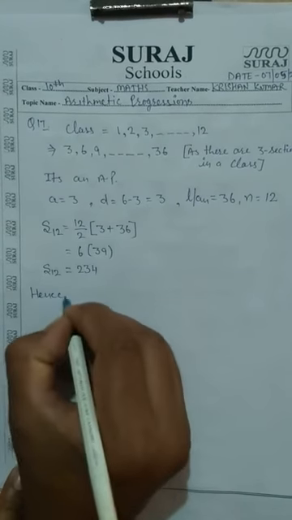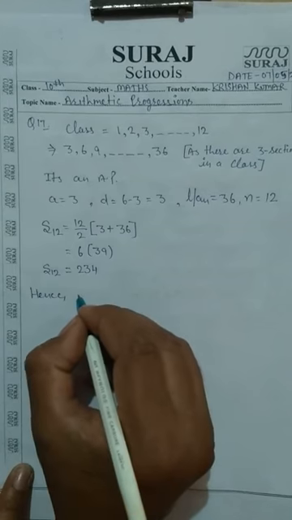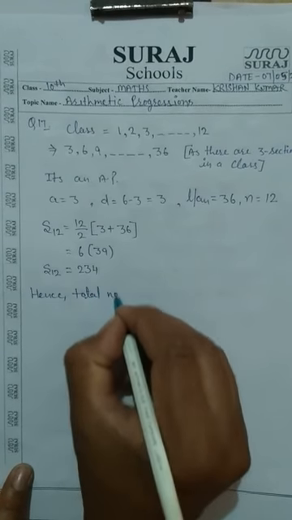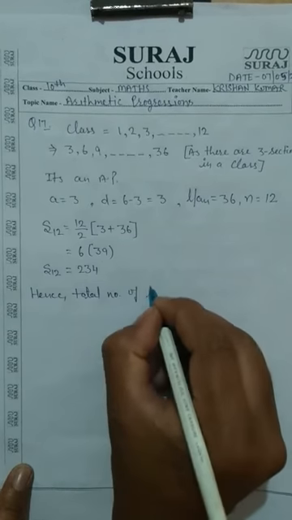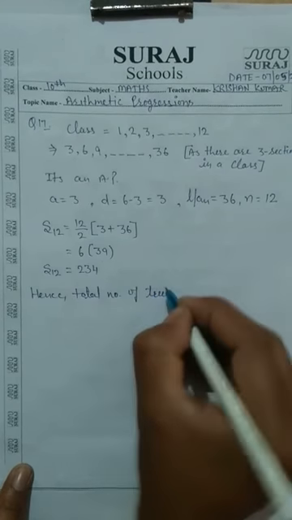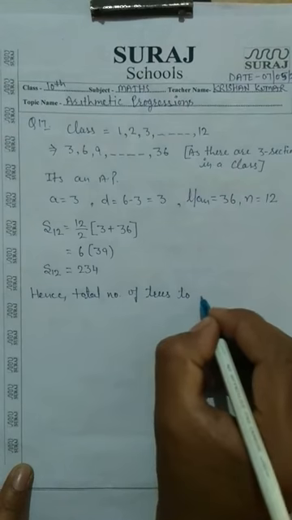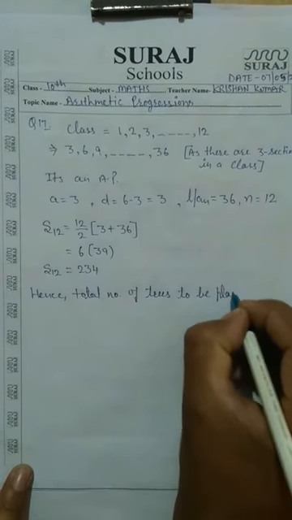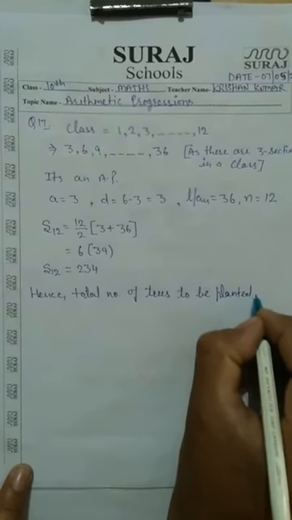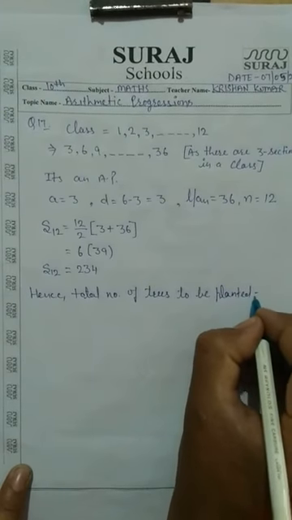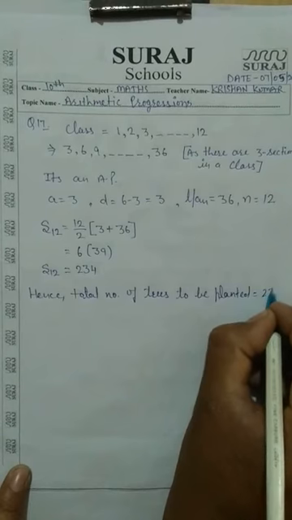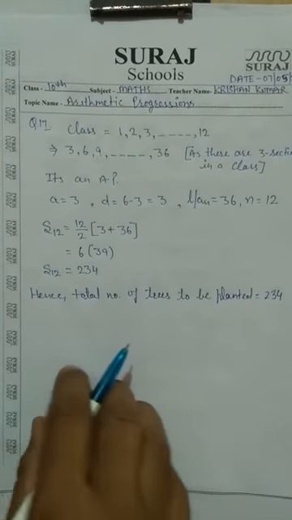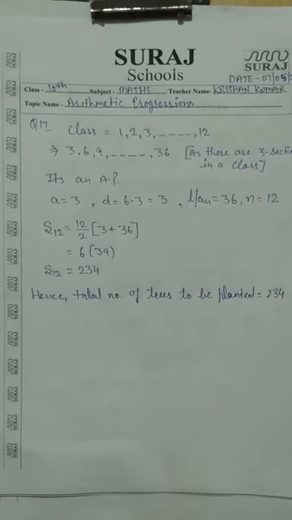Hence the total number of trees to be planted is equal to 234. Answer. Understood, students? Yes.